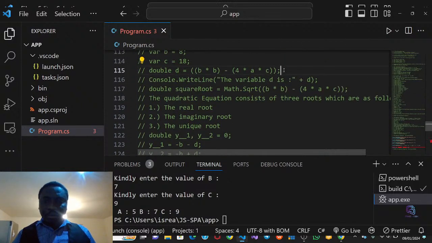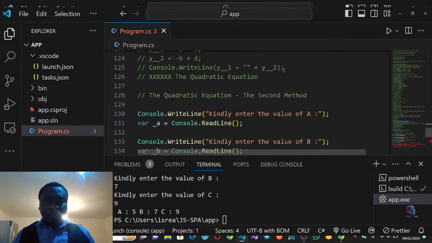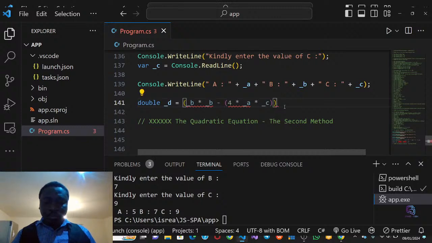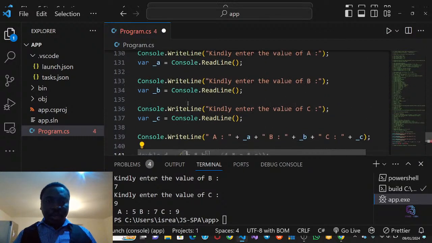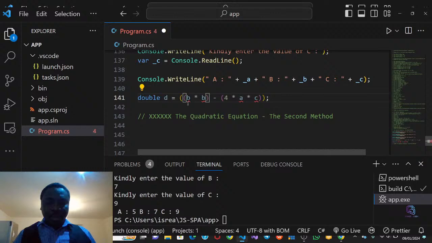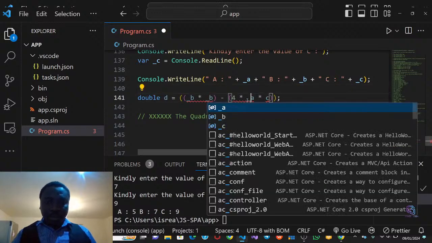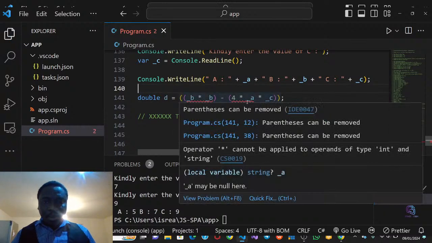I will just pick this double D, or underscore B, this underscore A underscore C. So I think the parentheses can be removed.